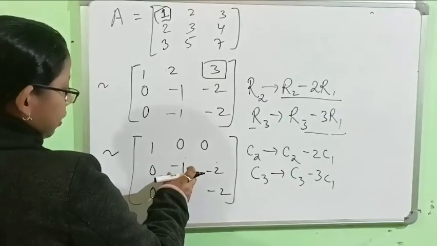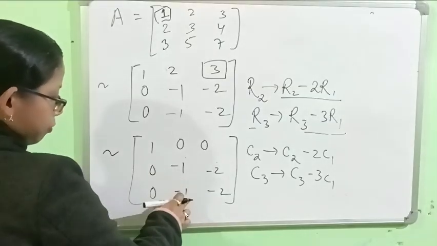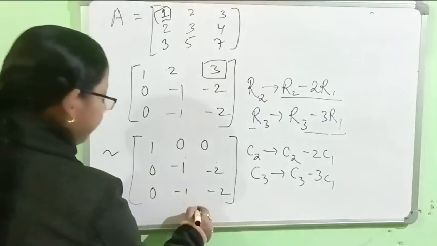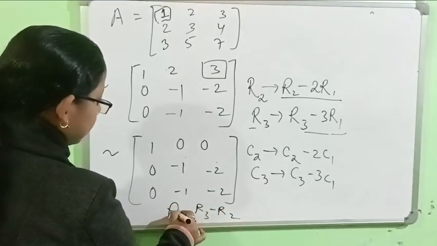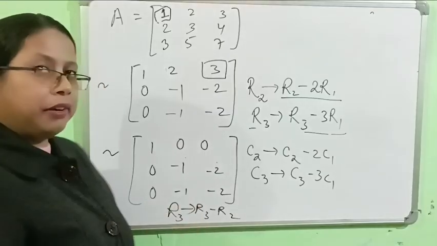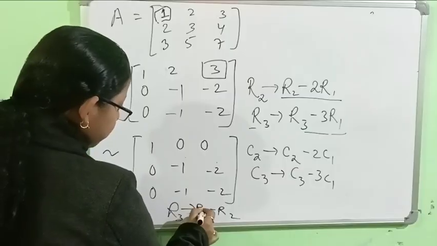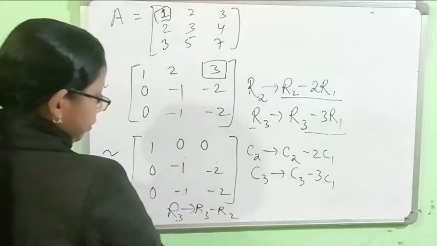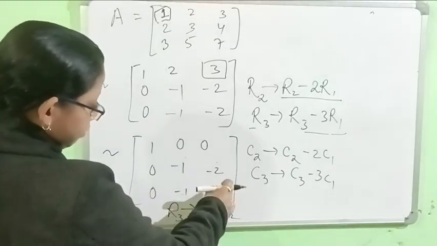By intuition, if I subtract, R3 tends to R3 minus R2, then this will be 0 and trivially this is 0.